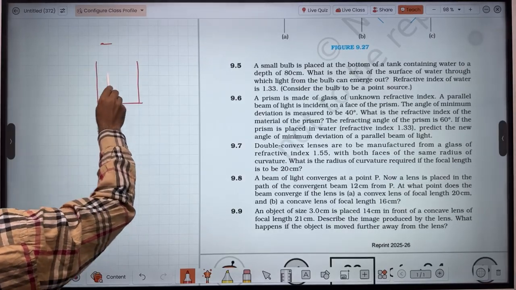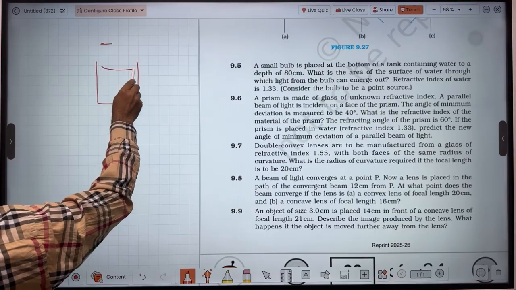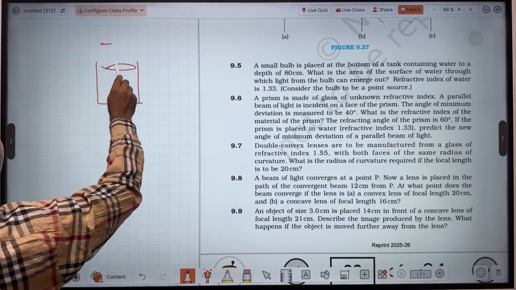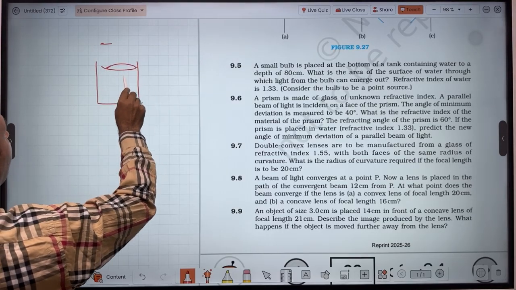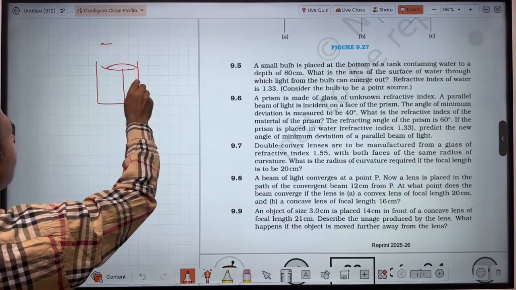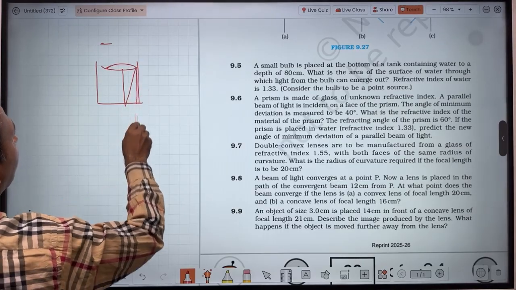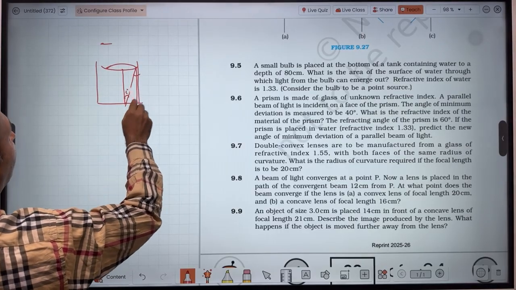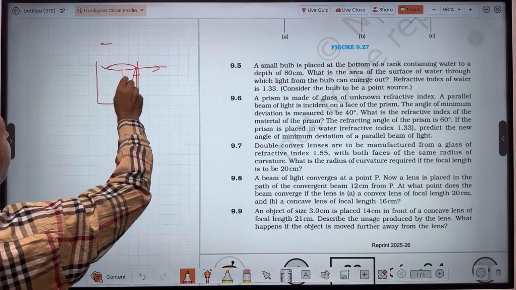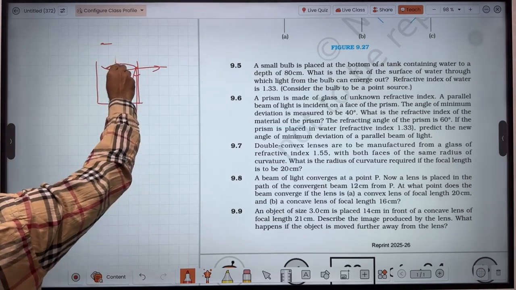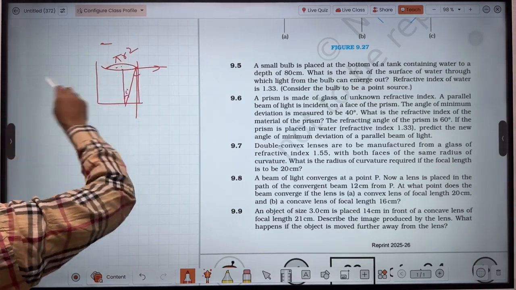As we have seen, here this is the circle through which light comes out, and here we have considered the case of critical angle. This angle is I, so this angle will also be I. So light will go like this. So this is the portion from where light comes out, and we have to find out this pi r square.